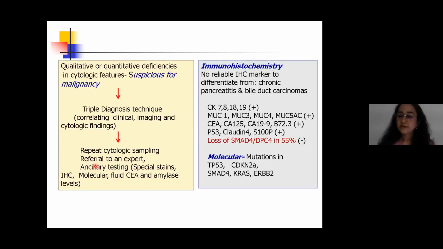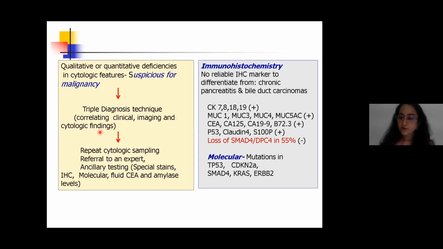So when you have unequivocal cytological features, you can go ahead and give a diagnosis of ductal adenocarcinoma. But when you have qualitative or quantitative deficiencies in the cytologic features, then a diagnosis of suspicious for malignancy is often rendered. Then at that point, it is imperative to correlate with the clinical, imaging, and the cytology findings to arrive at a diagnosis.